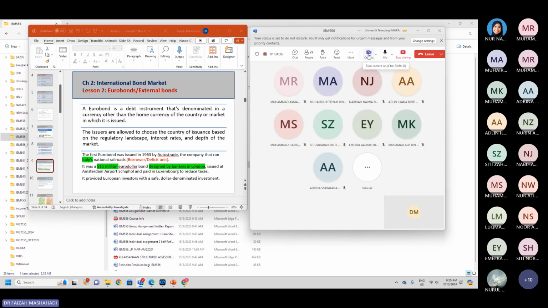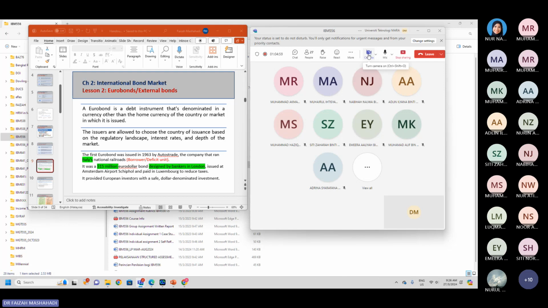International bond. Alright. So Proton issues bonds denominated in Sing dollar, and that issue occurred in the Singapore bond market. That is an international bond.